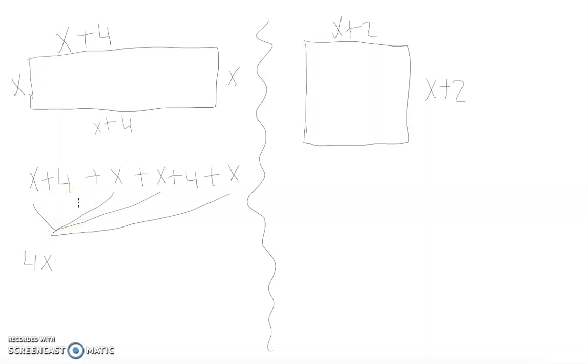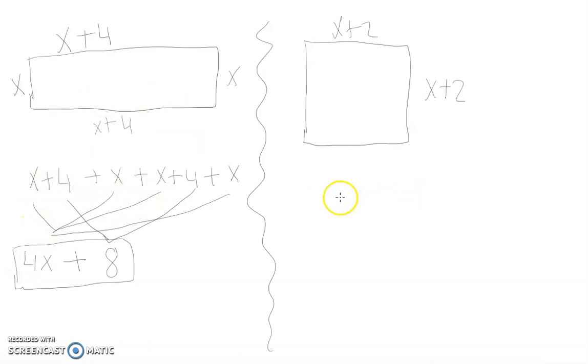Then it would be 1 plus 1 plus 1 plus 1, which is 4 times 1, so it's 4. Like that, except we're doing 4 times x. And then we add the 4's together, which is 8. So that is the expression for the perimeter of the first rectangle.